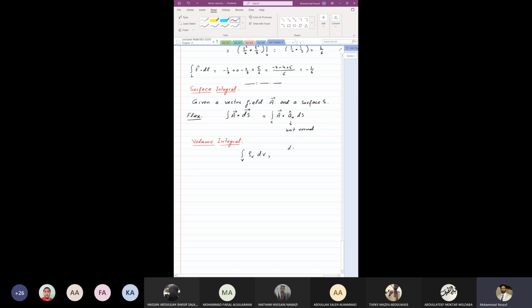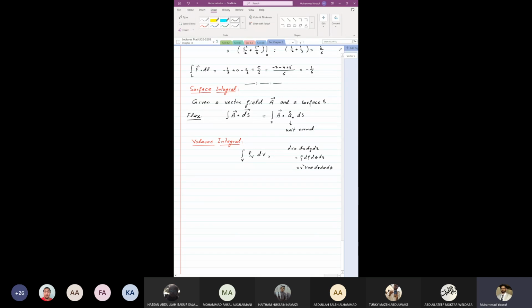As you have seen, dv will be dx, dy, dz, or their permutations. In cylindrical coordinates it is rho d rho d phi dz. In spherical coordinates it is r squared sine theta dr d theta d phi.